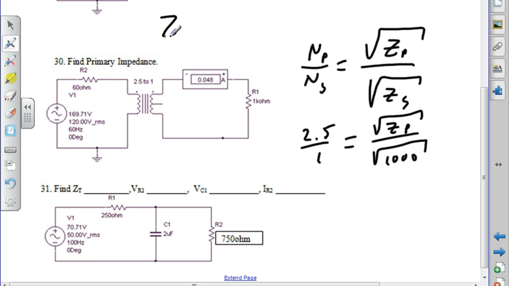So the impedance primary is 6250 ohms. Right? Well, 2.5 squared, yeah. So 6.25 times 1,000, because I have to square both sides to get rid of the square root.